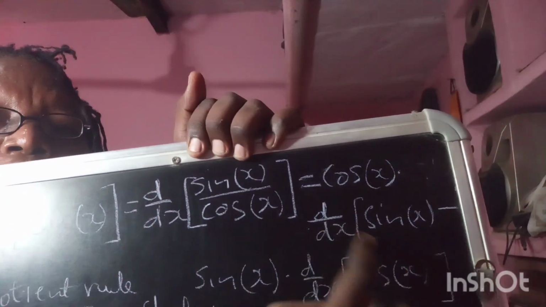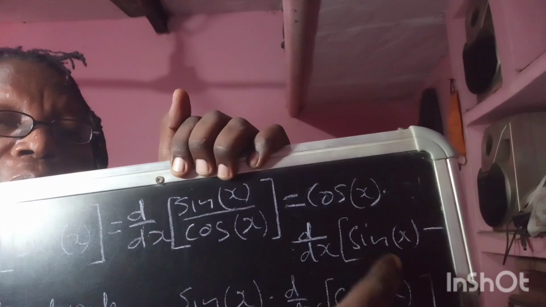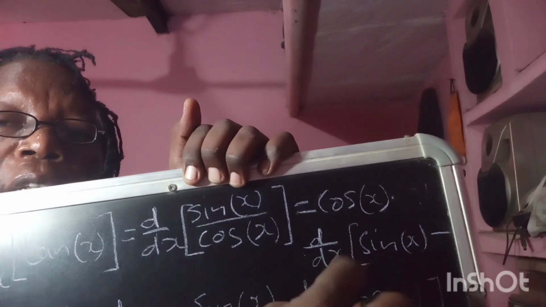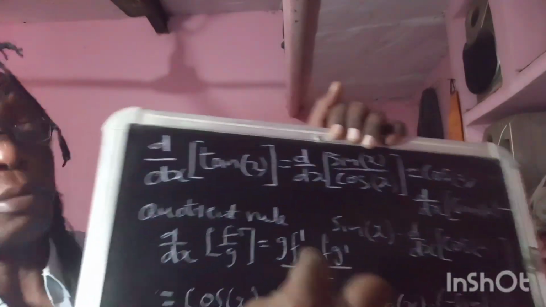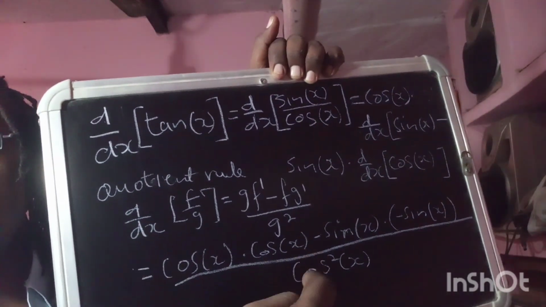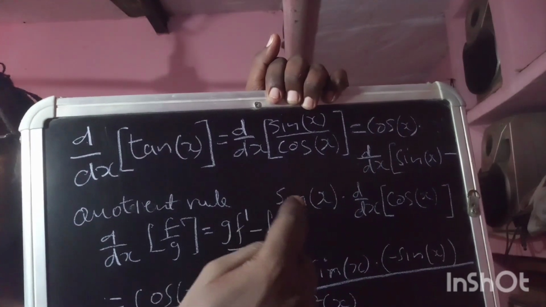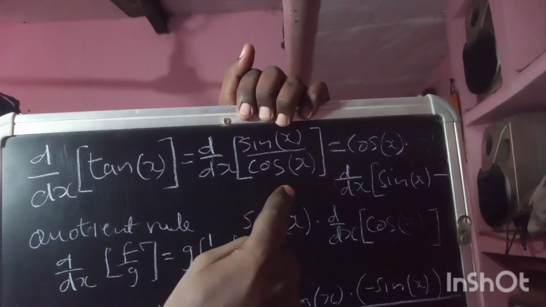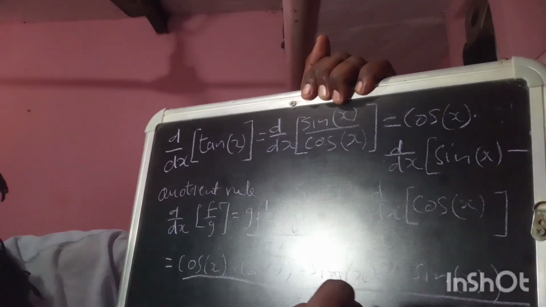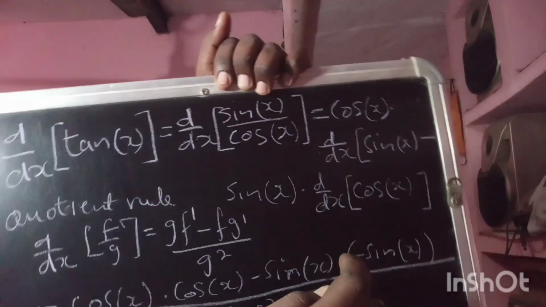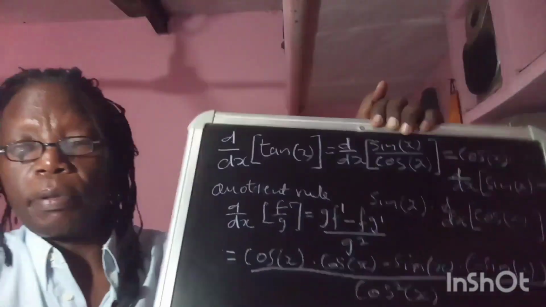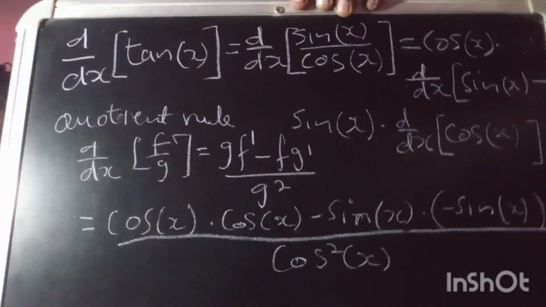When you differentiate sine x, it becomes cosine x. Now we have cosine and cosine. Then minus sine over sine, meaning the sine remains the same. Now you differentiate the cosine, and it becomes minus sine. So we have sine x times minus sine x. I hope you are following.